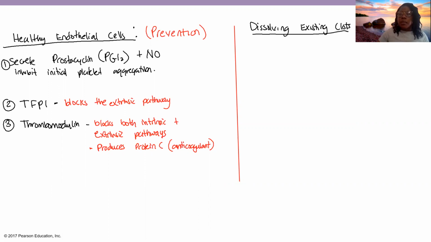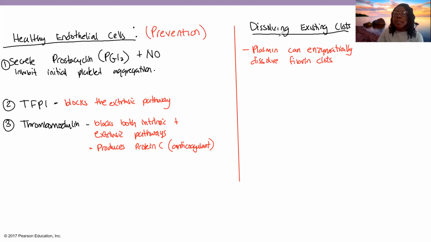And this is mainly done by plasmin. Okay, plasmin can enzymatically dissolve fibrin clots. Okay, but plasmin needs to be activated.